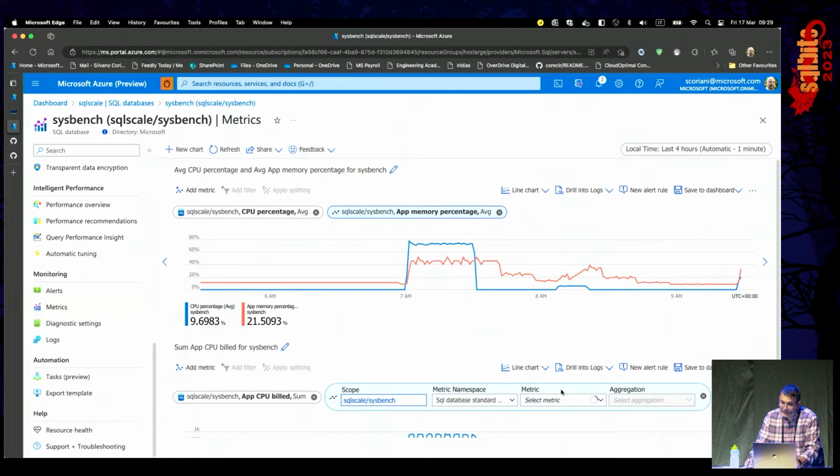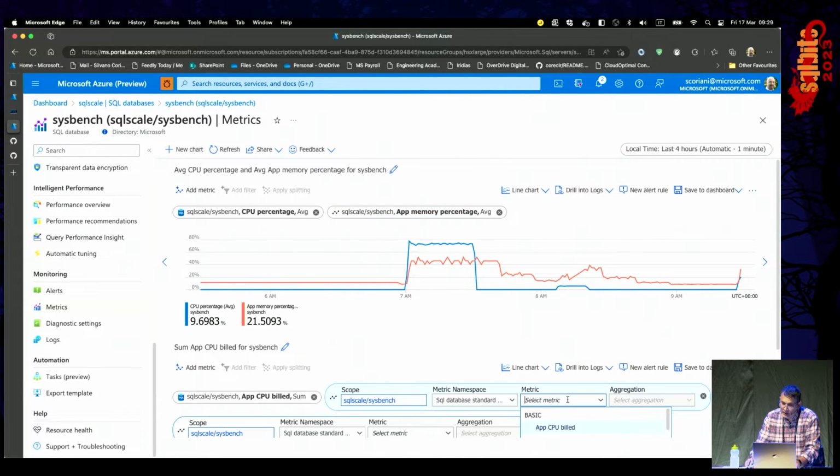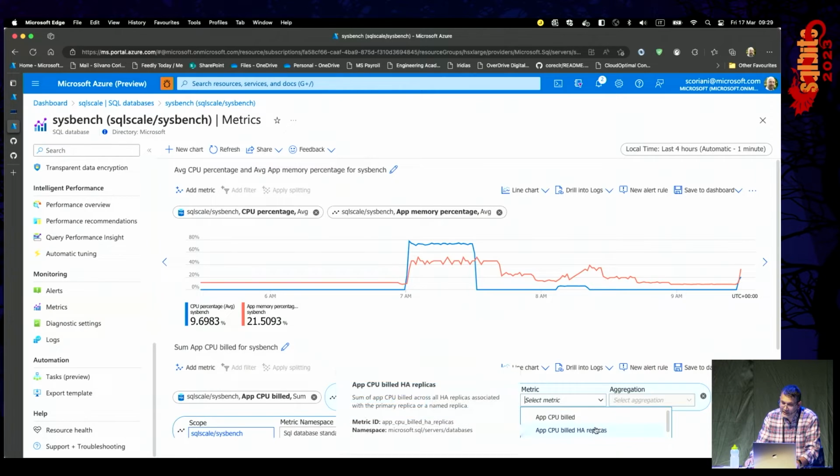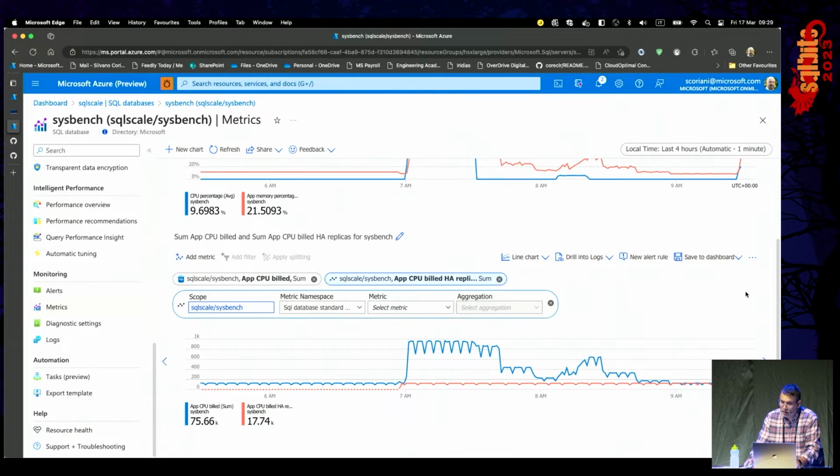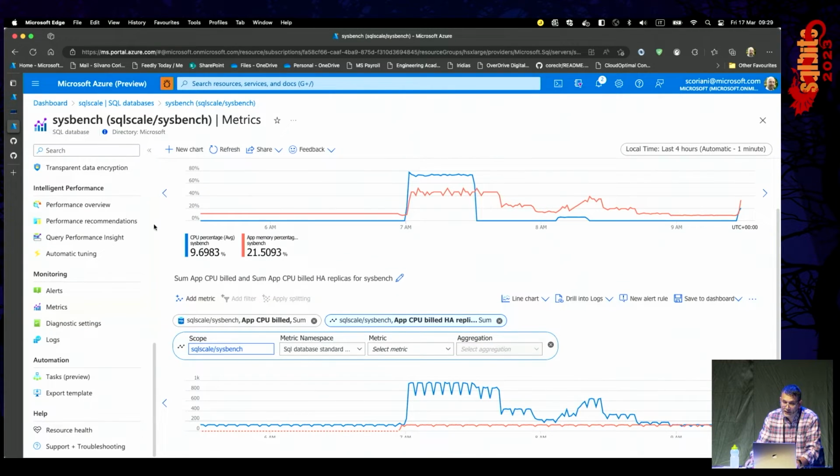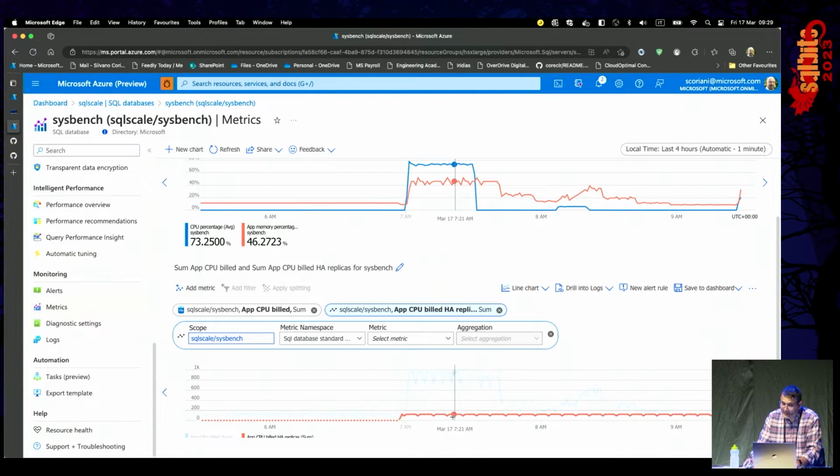And the last thing I will show you in billing is if I have this HA replica, which is also defined. You see, when the resources are almost zero, you're billed at the minimum CPUs. When the resources spike up, you're billed at whatever resources you're using. And then the orange line is this HA replica, which I added around this time.